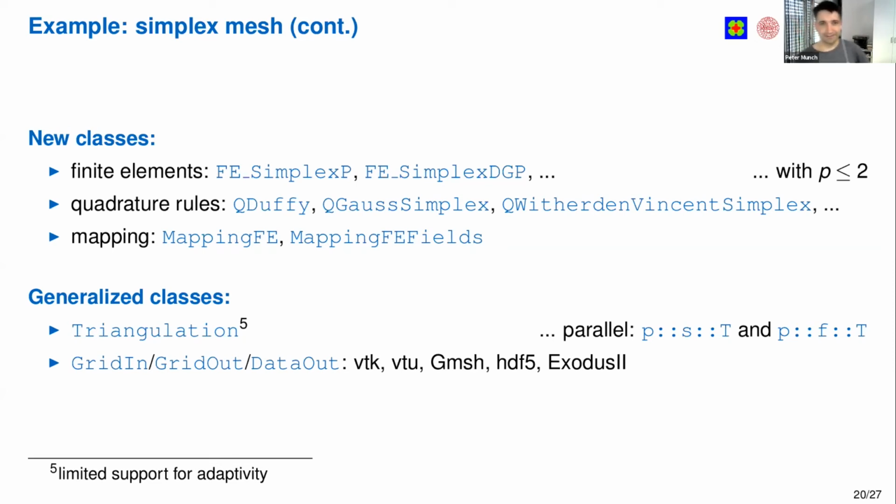In the case of finite elements, quadrature rules, and mapping, we have created new classes. Each cell type has its own finite element, for instance. But in the case of triangulation and these grid processing tools, we have extended the existing functionalities so that they can handle both simplex meshes and mixed meshes.